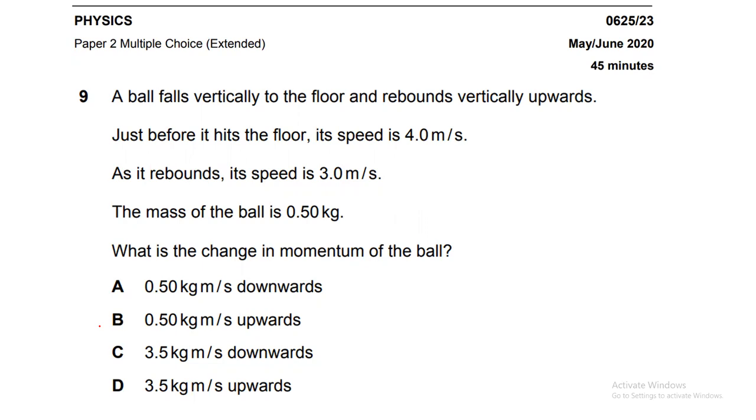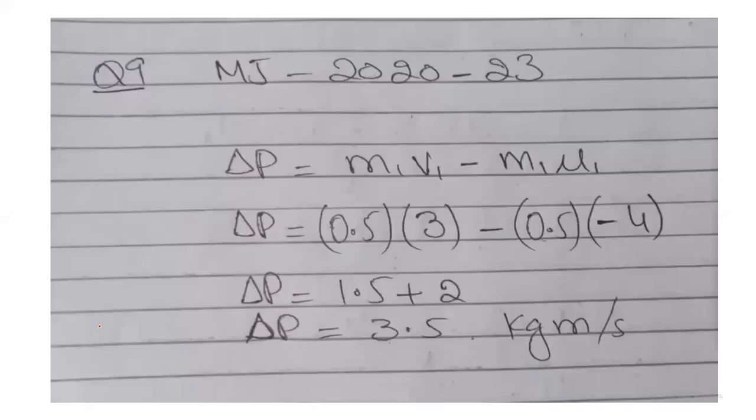Okay, the change in the momentum will be final momentum minus initial momentum. And so suppose coming up is positive and going down is negative. Okay. So you will have m1 v1, that will be 0.5 into 3, minus m1 u1, that will be 0.5 into minus 4.